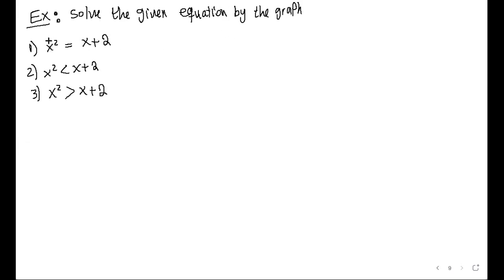First of all, we know the graph of this function by using the first section, the plotting point. So by using the plotting point, go back to the table and do the plotting point. I give you the graph of this function. It's a parabola. So the parabola here, x squared.